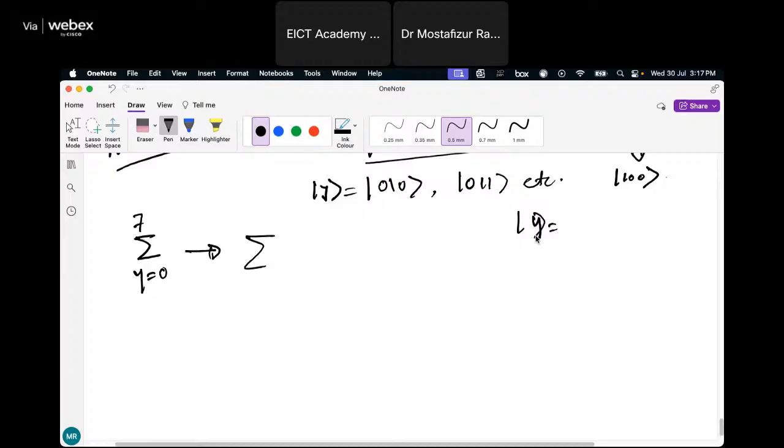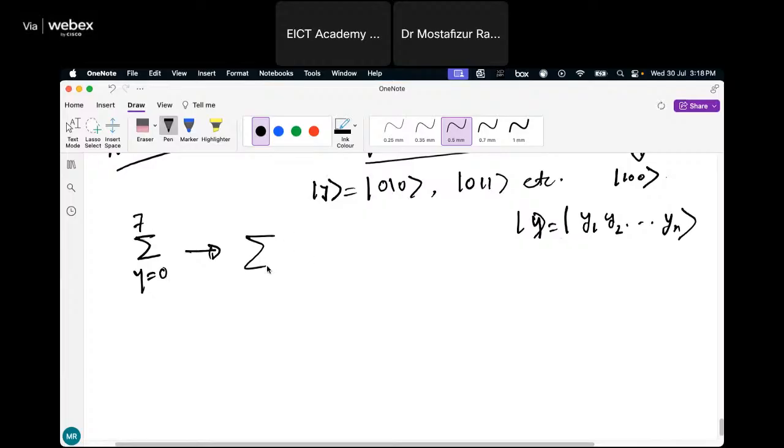Ket y is a vector, and you can write y1, y2, dot dot dot yn. These are the bit string representation of the computational state, like 0, 1, 0. Instead of 0, 1, 0, you can write the coefficients y1, y2, y3, yn.